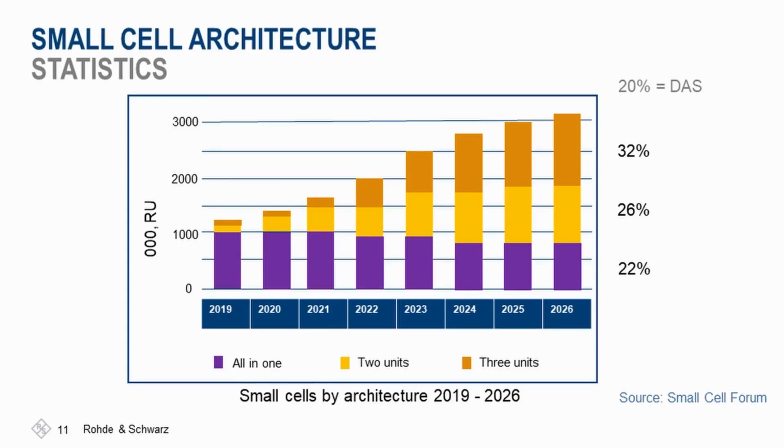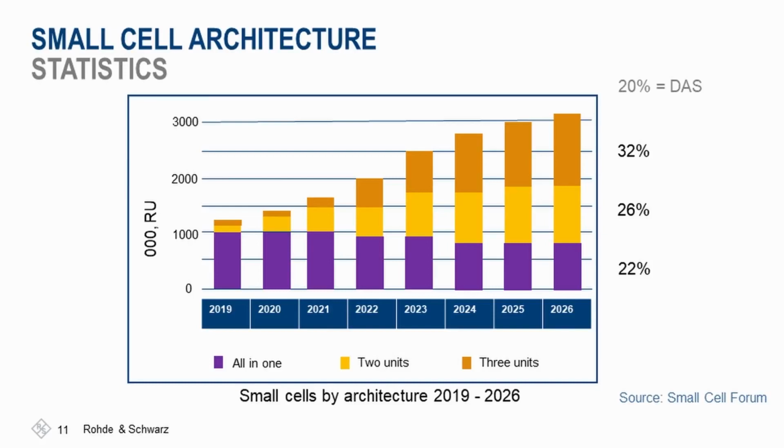Further, if you look at the statistics, how are these architectures growing over time? Now the all-in-one integrated small cells are the majority and dominant, and this will remain for the next couple of years until 2023, when the split architectures, the dual, the 2-unit and the 3-unit small cells, will grow in numbers.